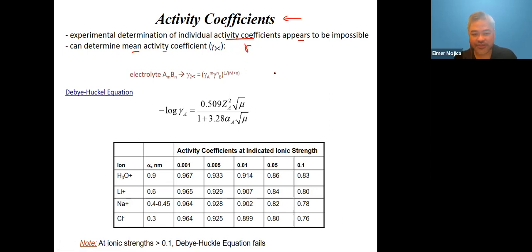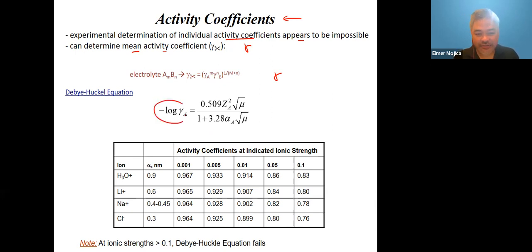The way you do it is that the activity coefficient equals the activity coefficient of ion A raised to its charge, times the activity coefficient of the other ion raised to its charge.